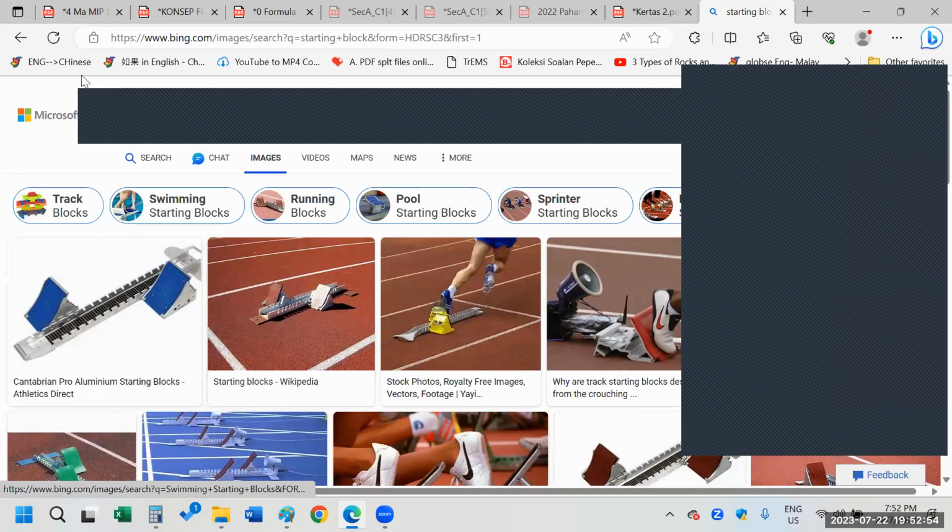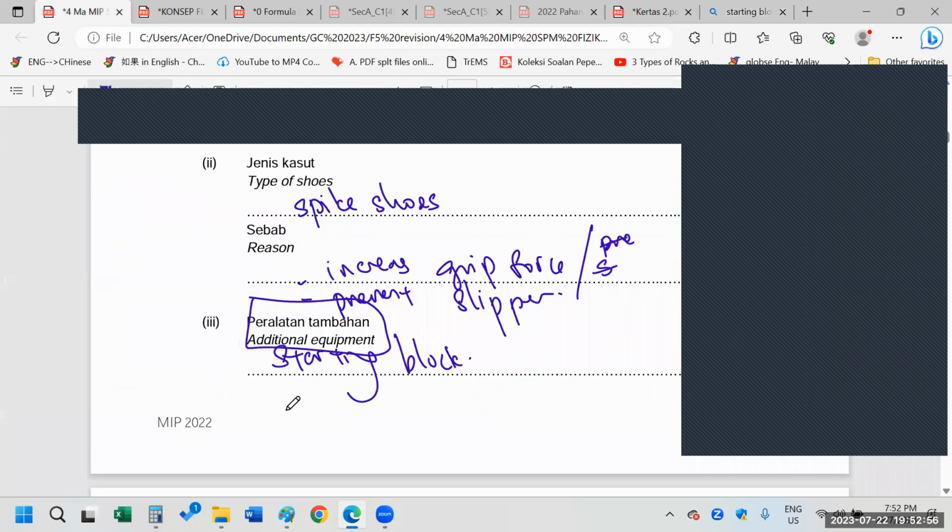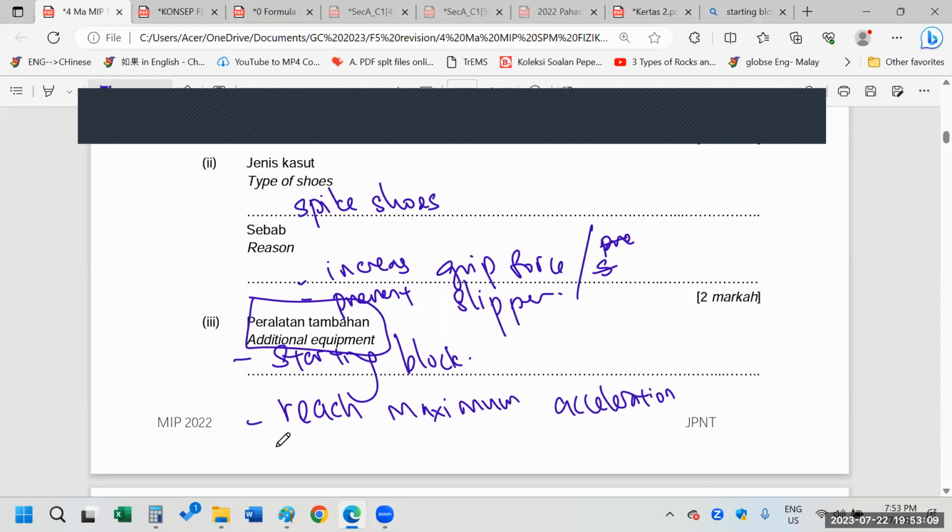Okay, so for the reason, can I write reach maximum acceleration? And I get the reason like this. Can or cannot?